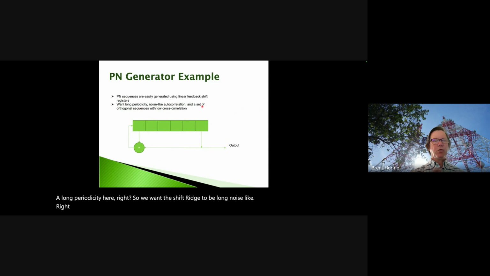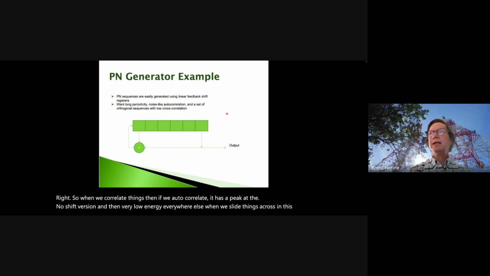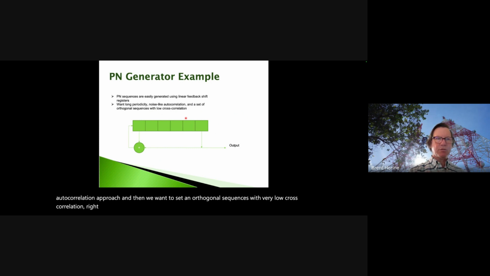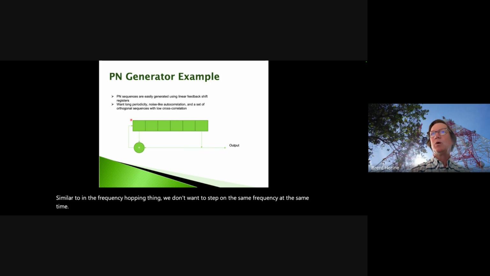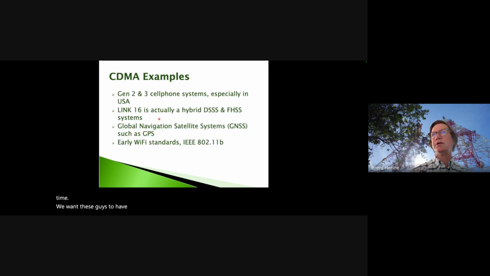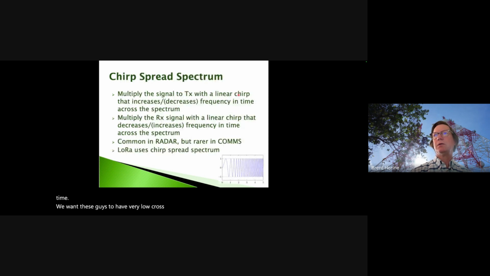When we autocorrelate it, it has a peak at the no-shift version, and then very low energy everywhere else when we slide things across. And then we want a set of orthogonal sequences with very low cross correlation. Similar to frequency hopping, we don't want to step on the same frequency at the same time, so we want these to have very low cross correlation. That's where they're used.